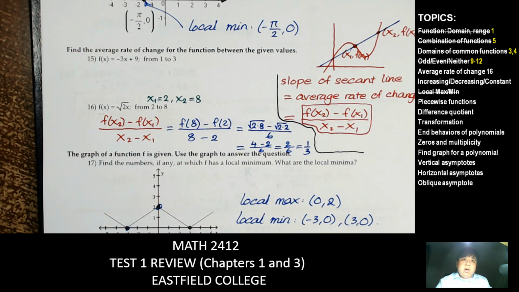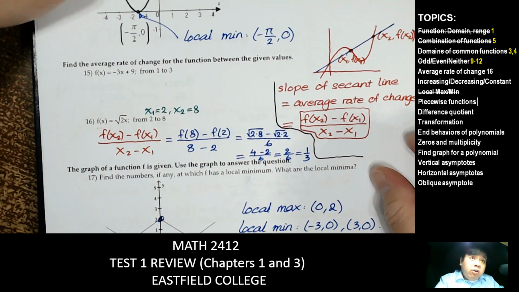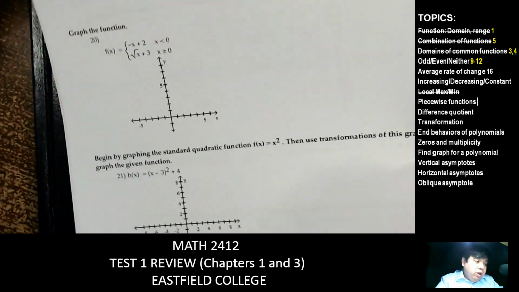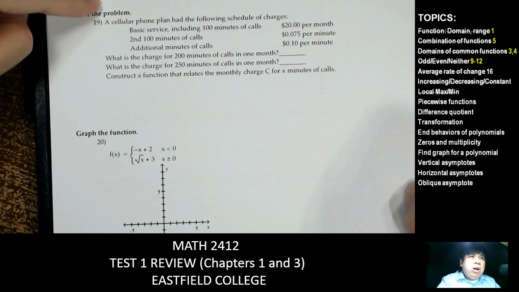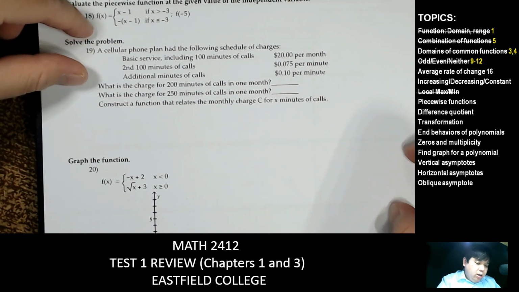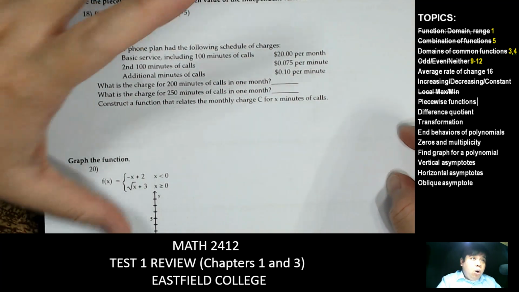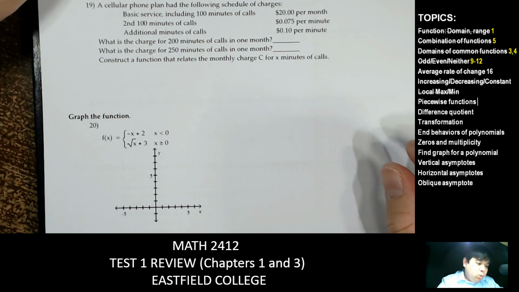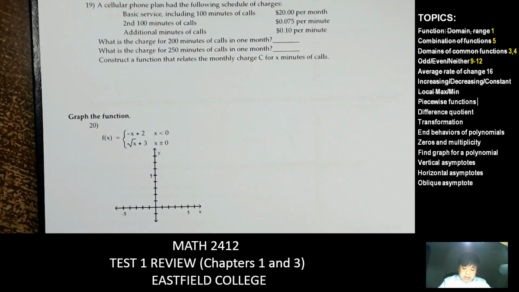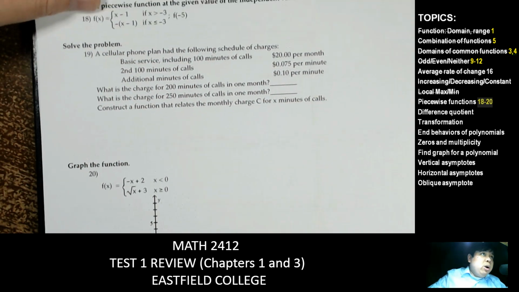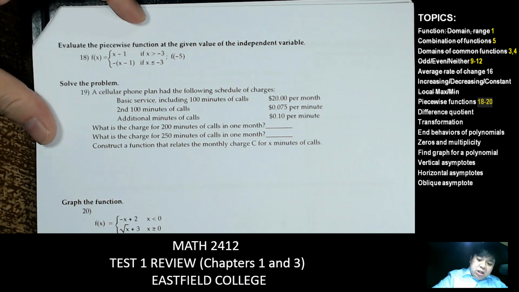Next we have piecewise function. On piecewise function, you will be asked to evaluate the function or graph the piecewise function. So we look at 18 to 20 here. To evaluate the values of the function, this is pretty simple.